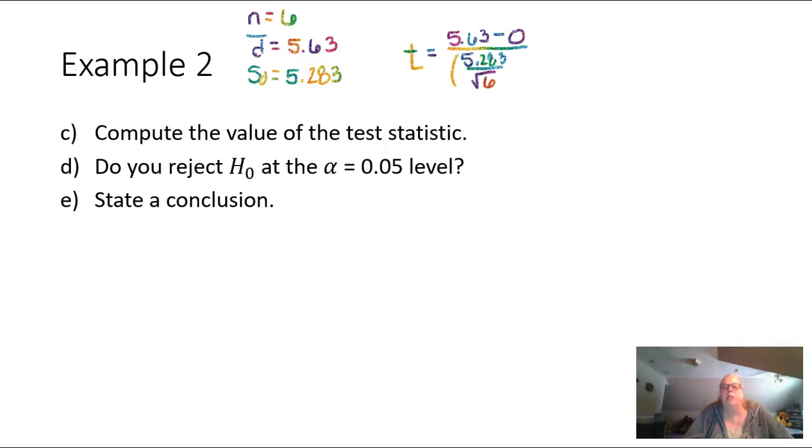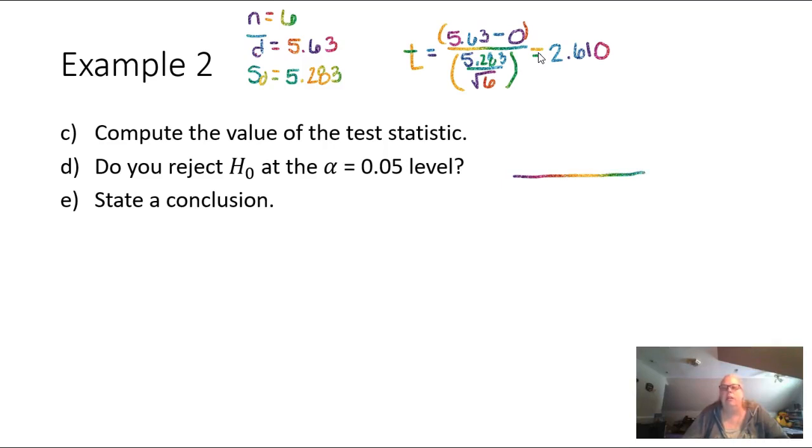And remember, if you want to put this in your calculator all at one time, be sure you have your parentheses like this, and you should be able to do it. And this is giving me 2.610.